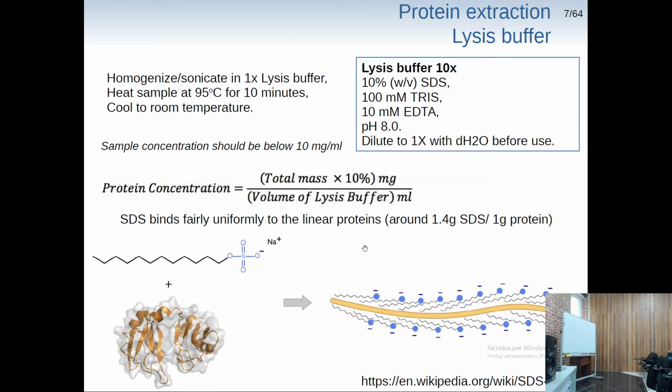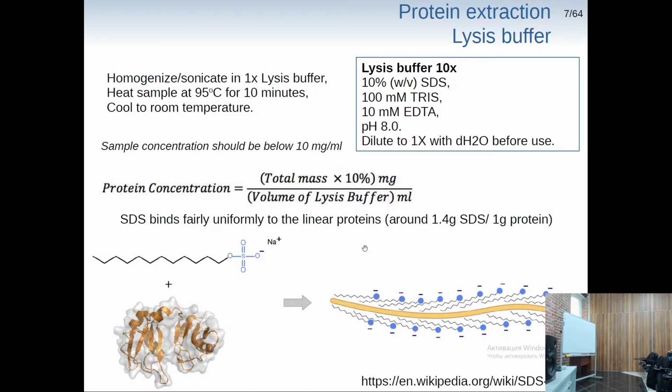But what we can actually do is just heat our sample. If we heat it, then as you may know, the difference of free energy would not be enough to hold our protein in this folded position. It will unfold. And if we then cool our sample, it will already be covered by those SDS molecules, and it will at least stay in this linear form, right?